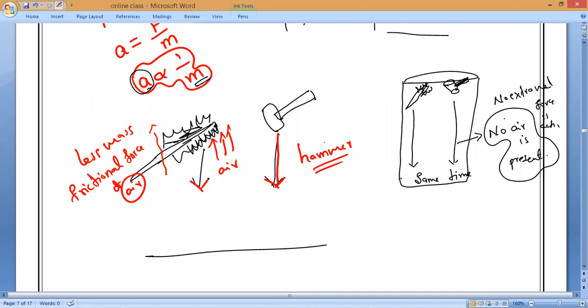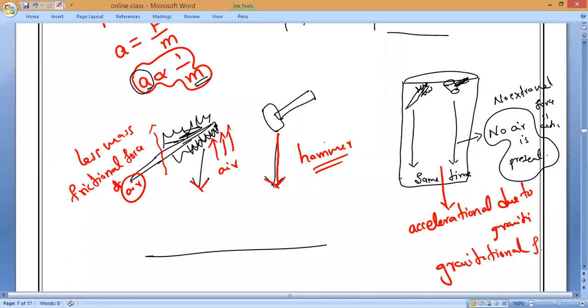No external force is acting, but one force is acting. Gravitational force. Acceleration due to gravity. We can say that is called the gravitational force. So the one and only force acting is gravitational force.